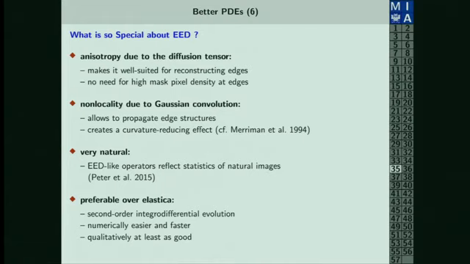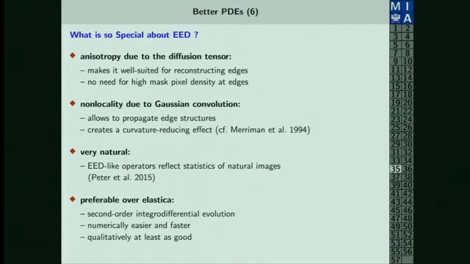And I would like to advertise this as a serious alternative, for instance, to Elastica, because unlike Elastica, it's not a fourth order evolution, it's a second order evolution, but an integral differential evolution. So the Gaussian convolution is the replacement for incorporating some sort of curvature information. That's of course more stable and easier to solve numerically, and also it's easier to come up with faster algorithms.